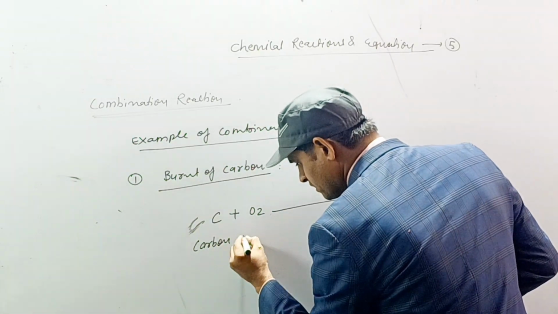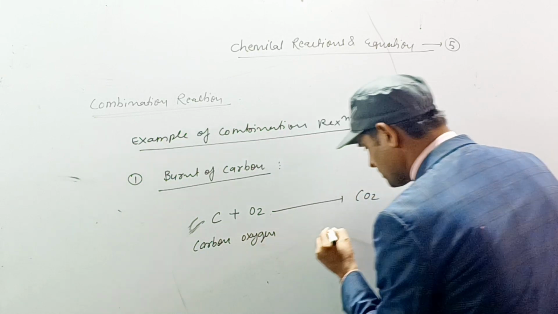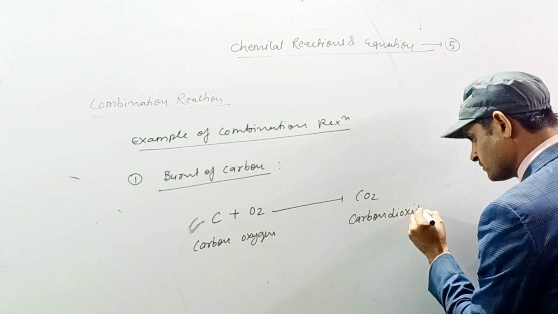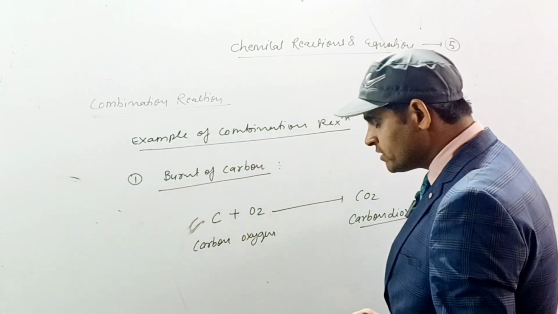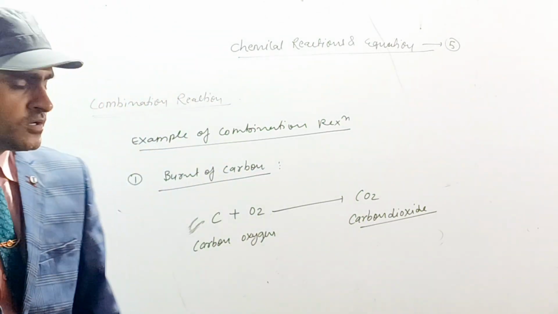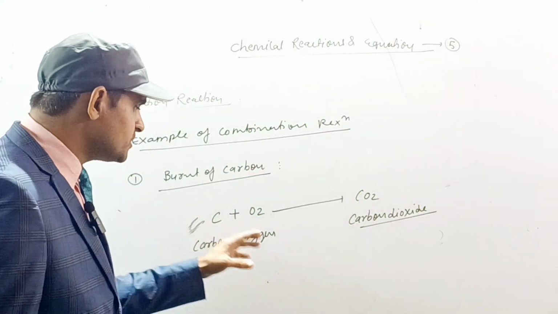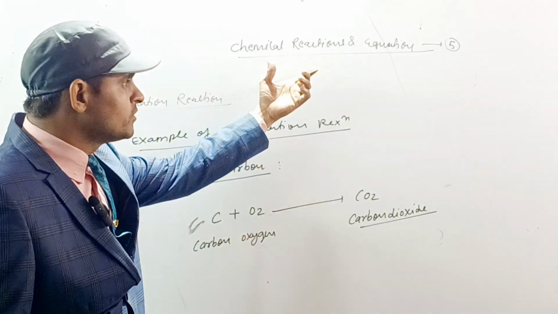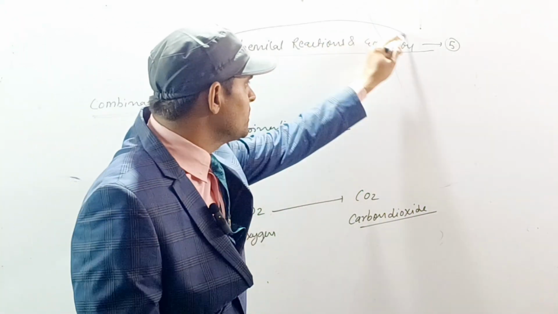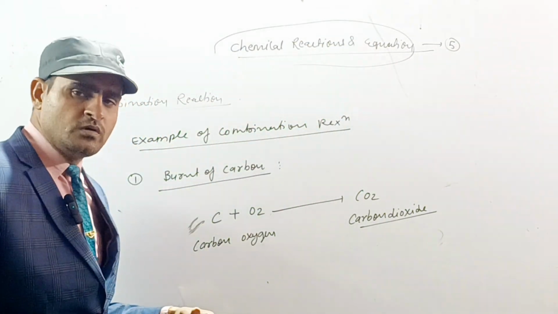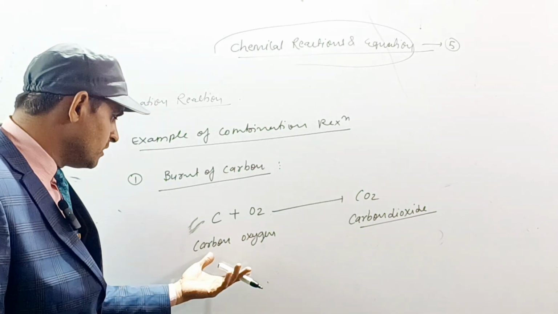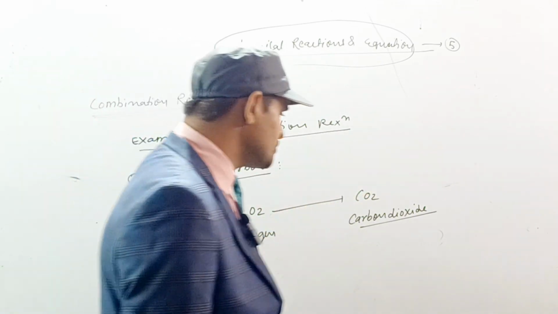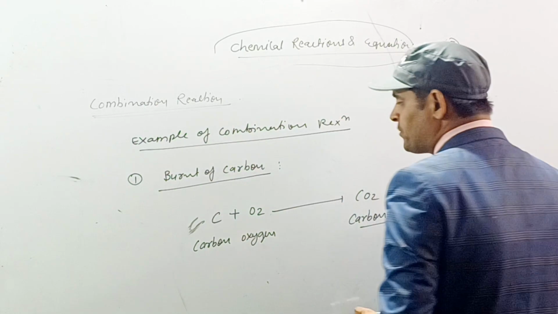Carbon, oxygen and carbon dioxide. Note: here write the whole name of the reaction. We will explain it in the chemical equations chapter. When carbon is burned in the presence of oxygen to form carbon dioxide, it is known as a combination reaction.